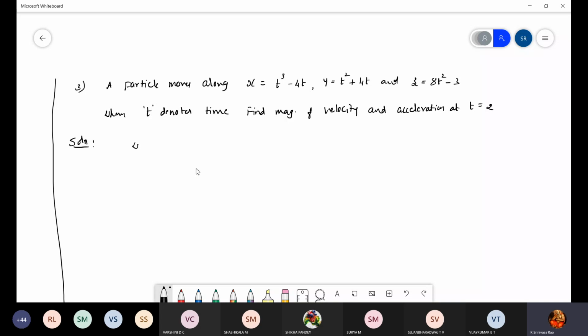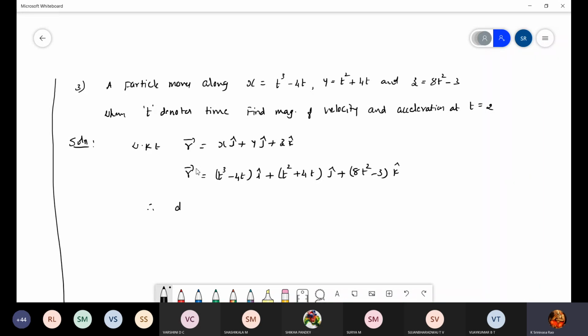First we know that r equals x i plus y j plus z k. So r equals (t cube minus 4t) i cap plus (t square plus 4t) j cap plus (8t square minus 3) k cap. So it is in terms of t.